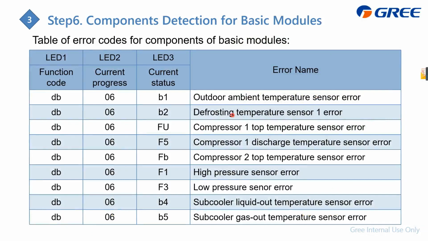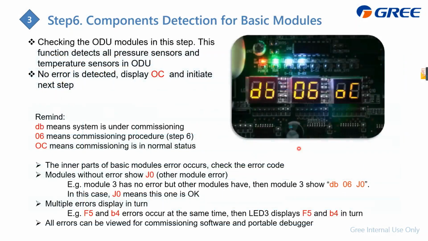Under step 6, the unit detects the ambient temperature sensor, the defrosting temperature sensor, the compressor top temperature sensor, and even the high pressure sensor and low pressure sensor, all the sensors. If something is wrong with the sensors, the corresponding error code is displayed. Like B1 means the ambient temperature sensor has an error, and FU means the compressor 1 top temperature sensor error. So it will display the error.